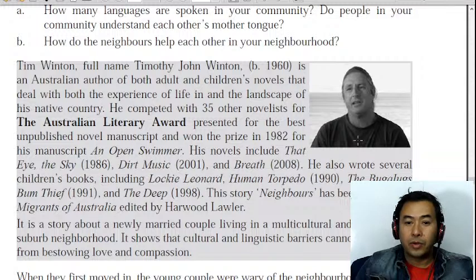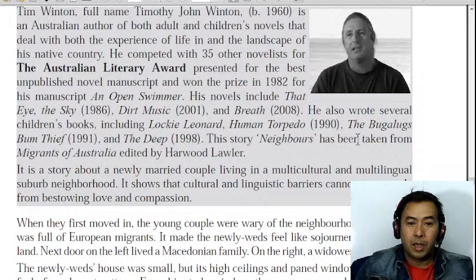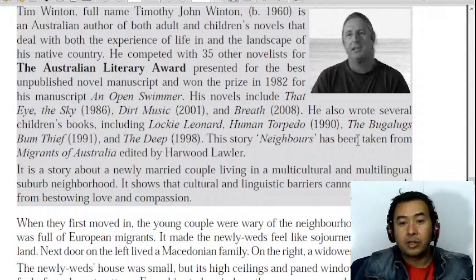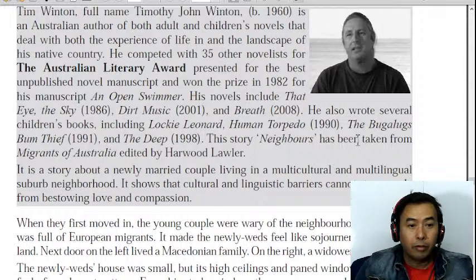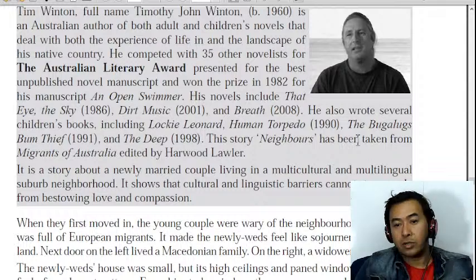This story, Neighbours, has been taken from Migrants of Australia, edited by Harwood Lawler. It is a story about a newly married couple living in a multicultural and multilingual suburban neighborhood. It shows that cultural and linguistic barriers cannot stop people from bestowing love and compassion.